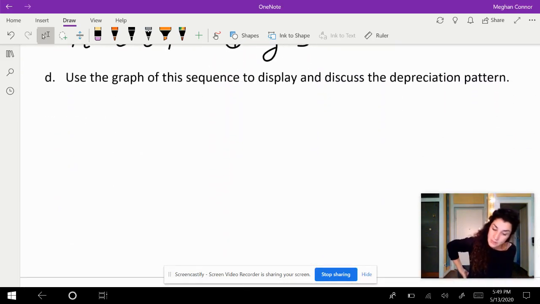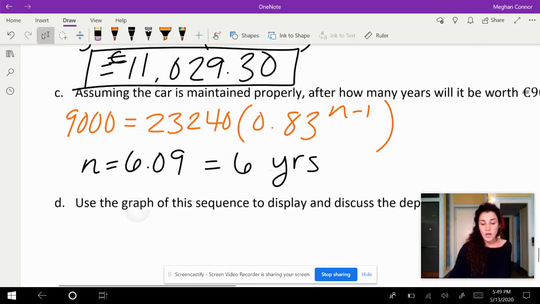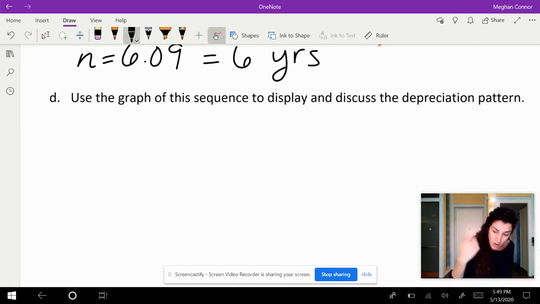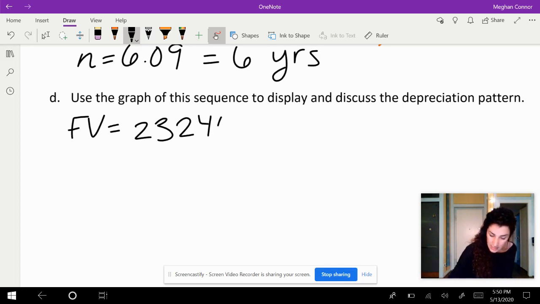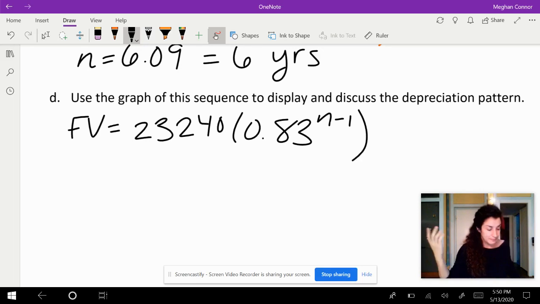Use the graph of the sequence to display and discuss the depreciation pattern. Okay, so our final value, or y equals, is 23,240 times 0.83 to the n minus 1.